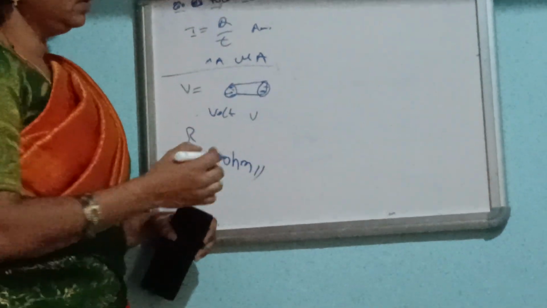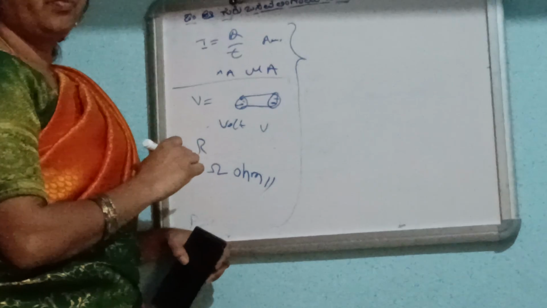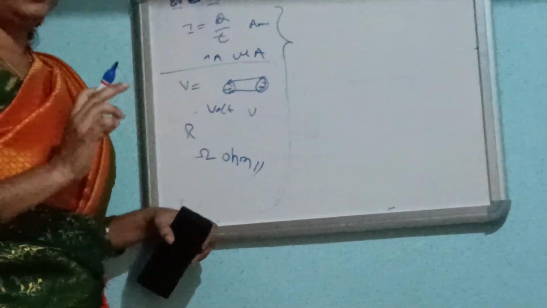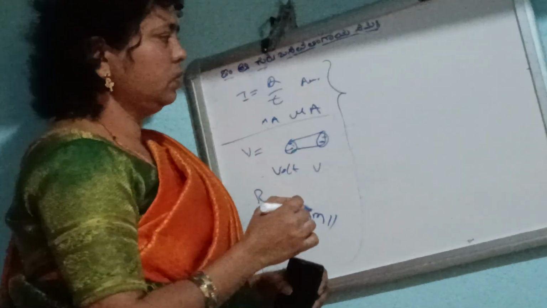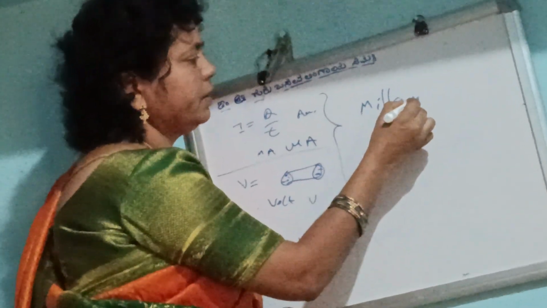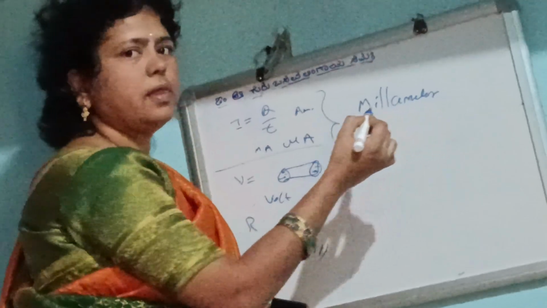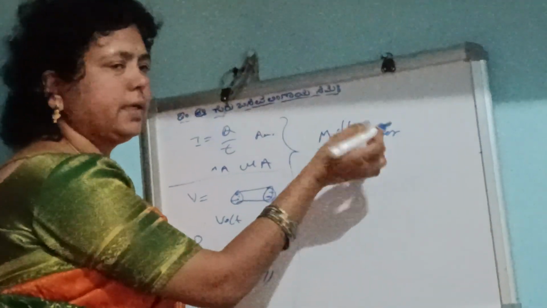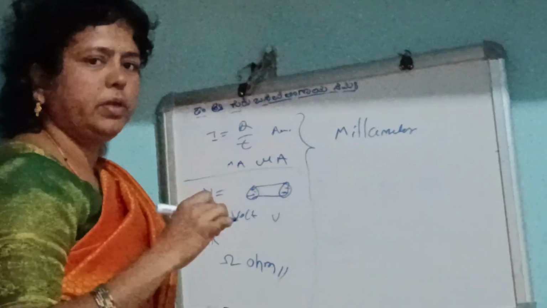Okay, and for all these three quantities, current, voltage and resistance, one instrument is used to measure them: the multimeter. Its name indicates that more than one physical quantity can be measured.